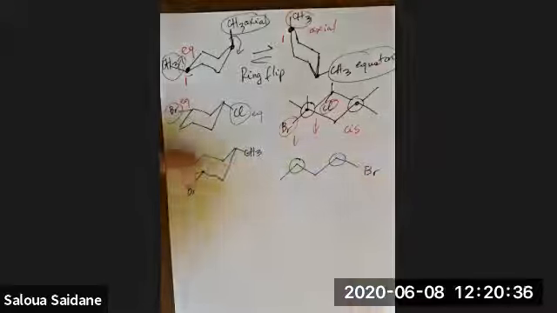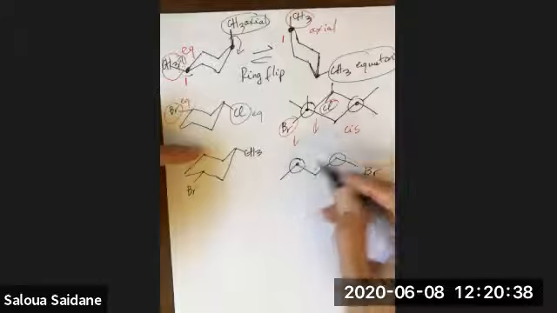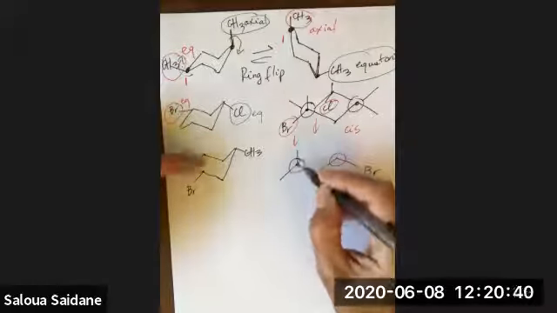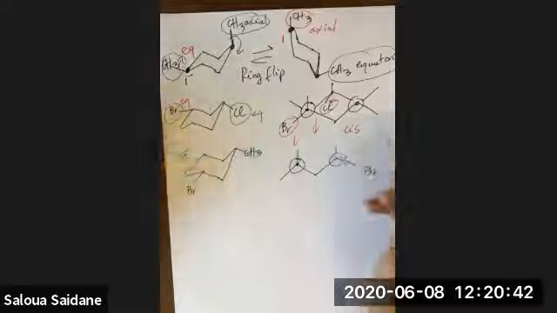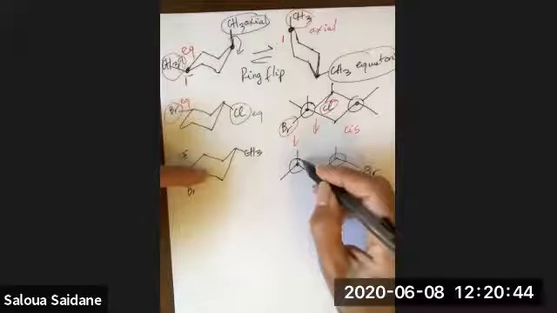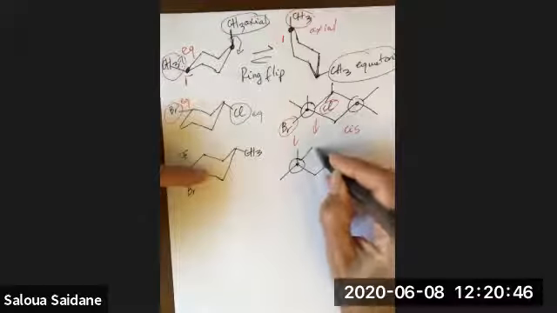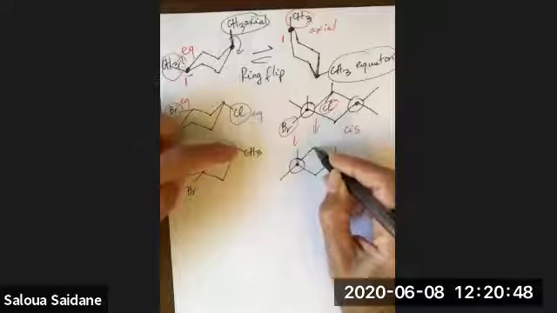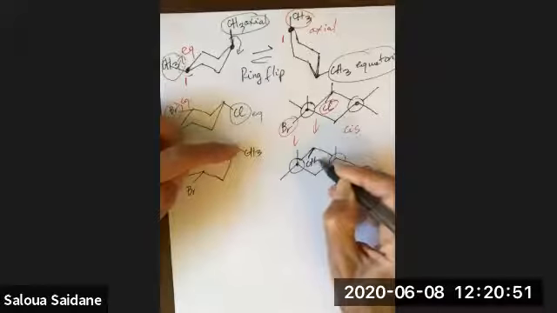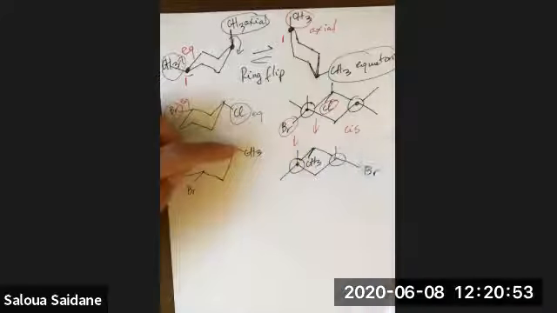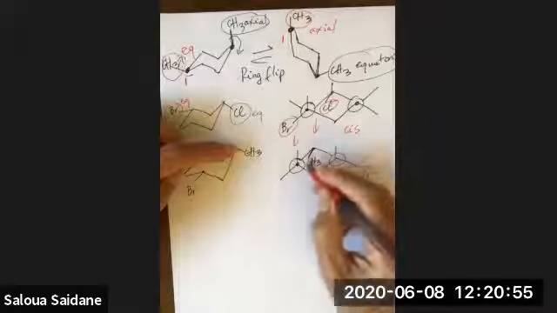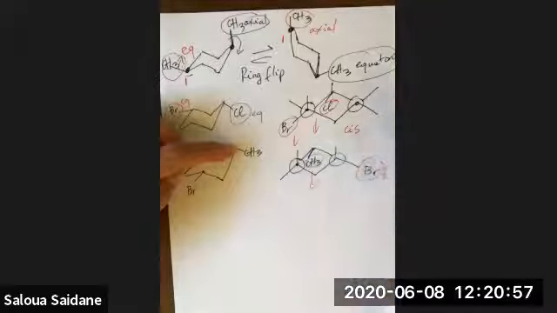So the bromine is going to be on the right and this carbon will be on the other side. I'm not interested in what's on it because it's only hydrogen. And then on the top here, there is a CH3. So again, the bromine and the CH3 are both going down. So that's also a cis.